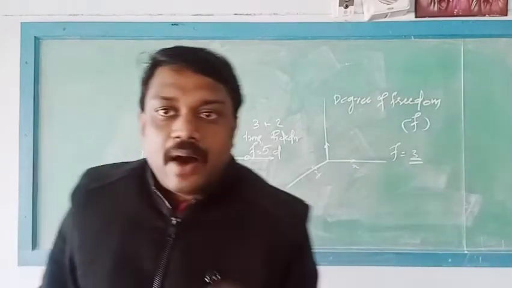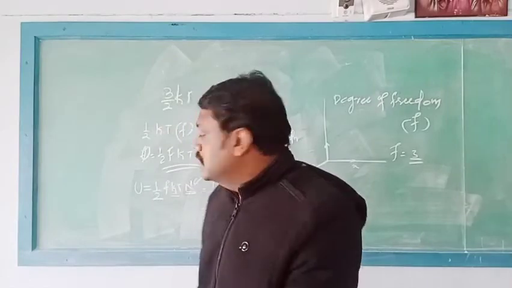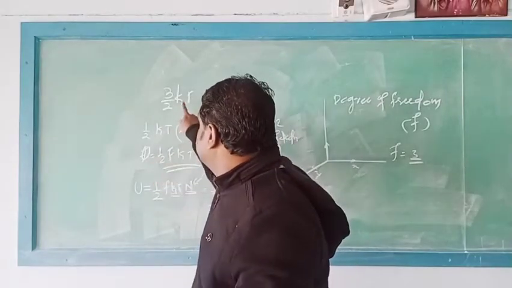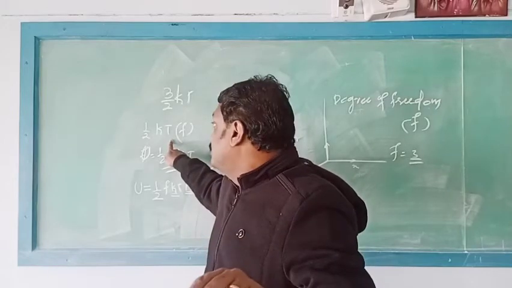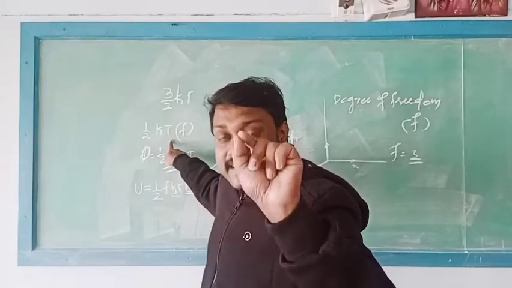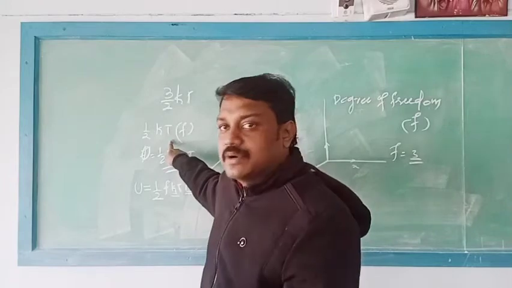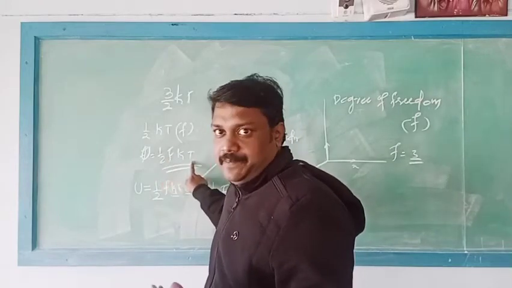So the average kinetic energy of a particle per degree of freedom is 1 by 2 kT. The average kinetic energy of a single particle in all possible ways will be 1 by 2 FkT.